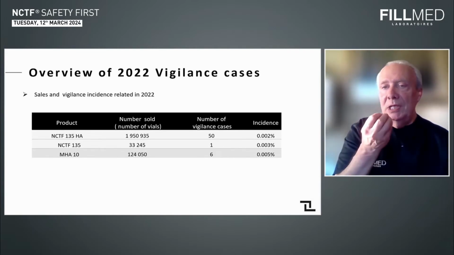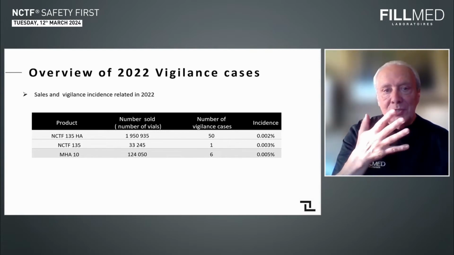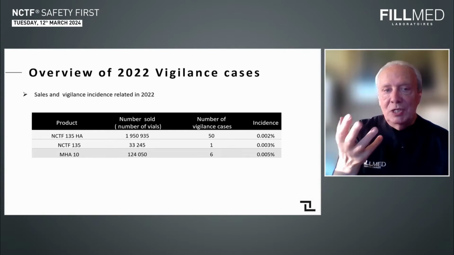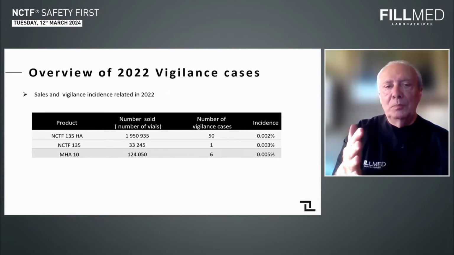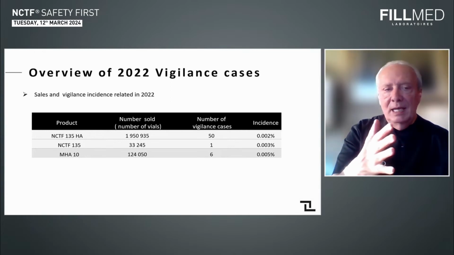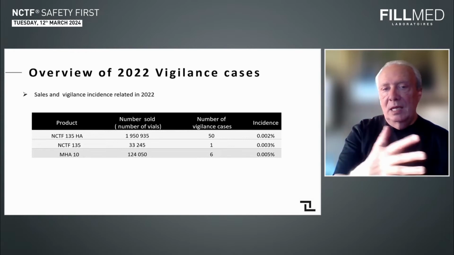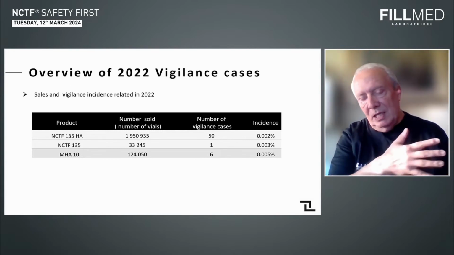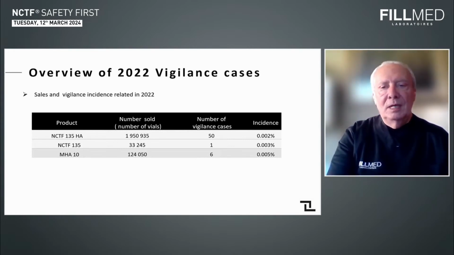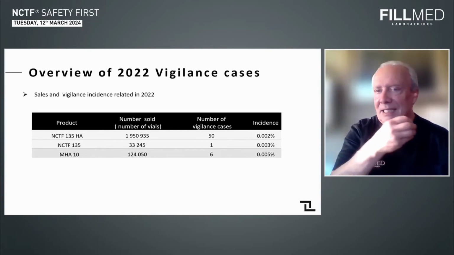And here you see the real percentage and incidence related to complications in 22. For NCTF 135HA, we had an incredible number of techniques and injections done all over the world, and we have really nothing.